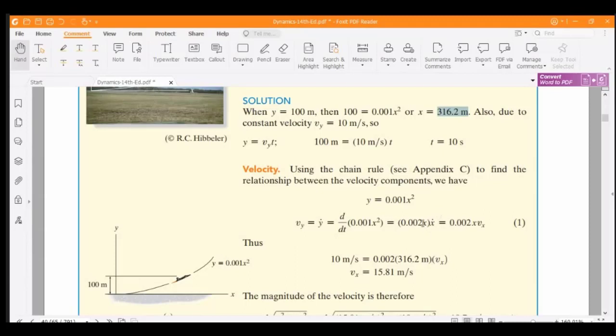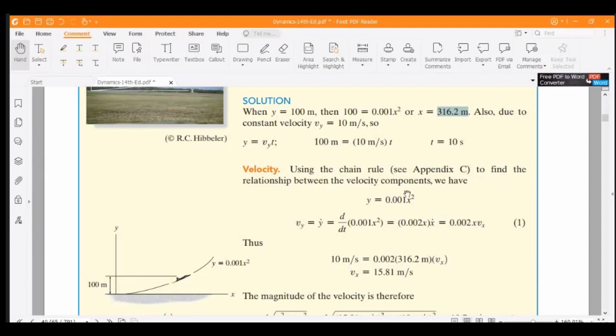So here we need x and x dot. We don't know x dot, that is why it is vx. And we know x, so we put the value of x. And we put the value of vy, because vy we have found already.